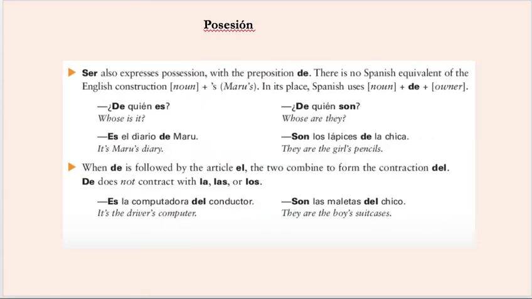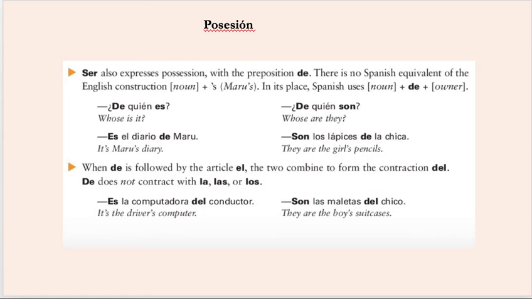También hay posesión. Ser also expresses possession when used with the preposition de. There is no Spanish equivalent of the English construction noun plus apostrophe s, as I said in class. English is the only one with that construction. In its place, Spanish uses noun plus de plus owner to express possession. For example, ¿de quién es?